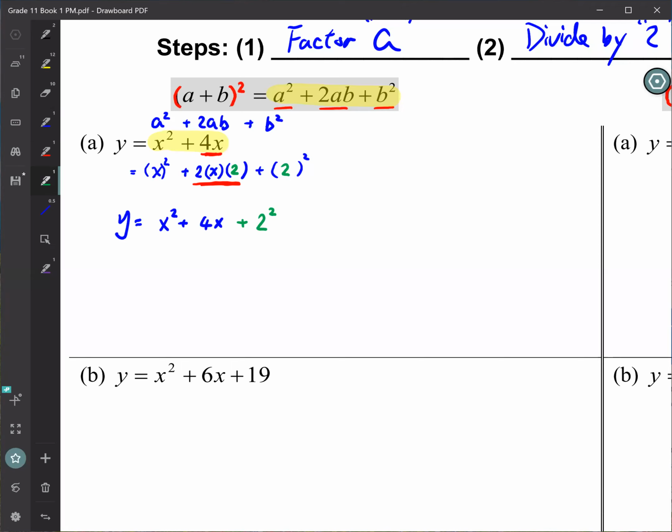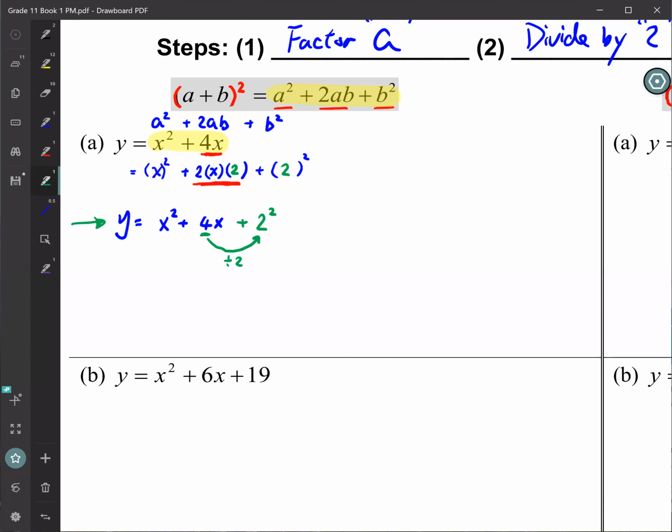Previously, the previous line explained to you y is 2. But when you're actually writing the question, you don't need to write out so many brackets. You just go straight to this line, the one with the arrow. The reason why we need a 2 is you take the middle number, this 4, divided by 2.